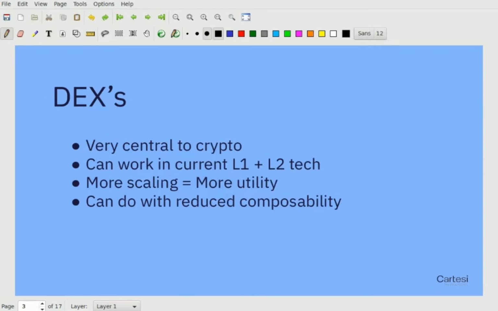Also, it's important to see that exchanges can survive in the current tech. Although we definitely expect scaling to give a big jump in the near future, with improvements on data availability on L1 and the work we are doing at Cartesi and other projects on L2, we believe that the scalability of decentralized technology is going to give a big leap forward.